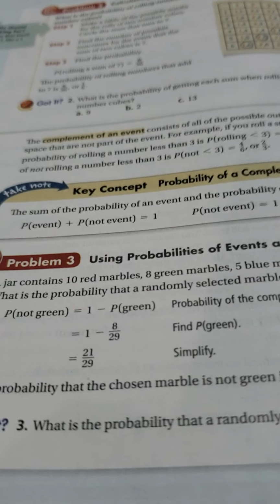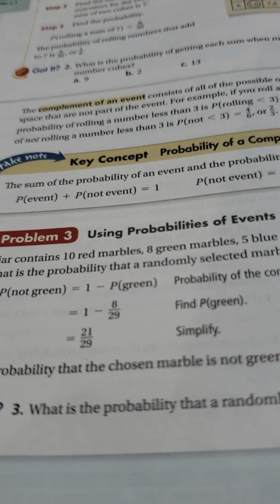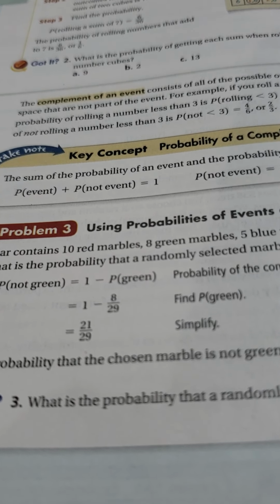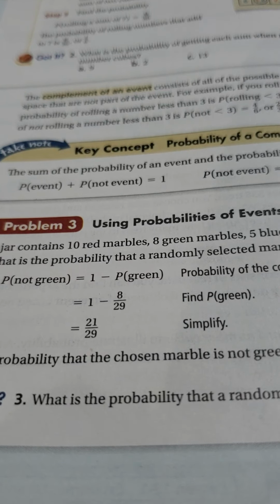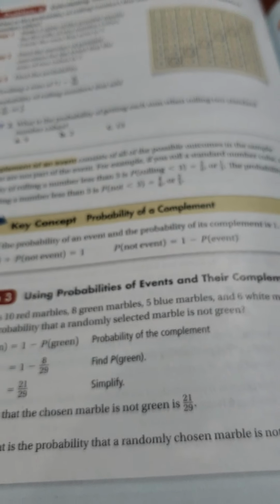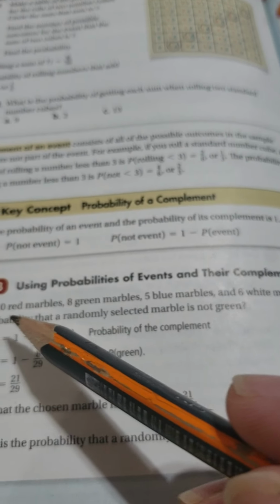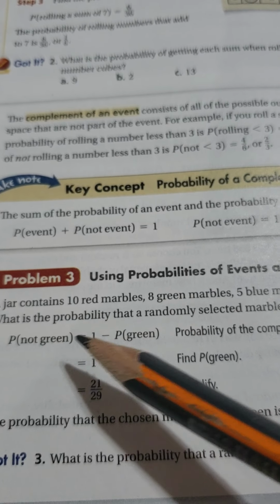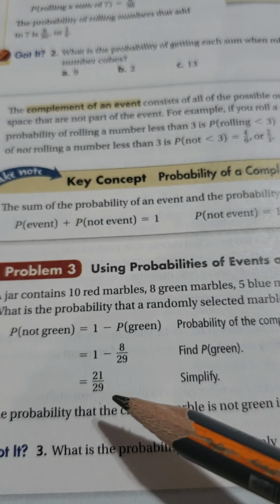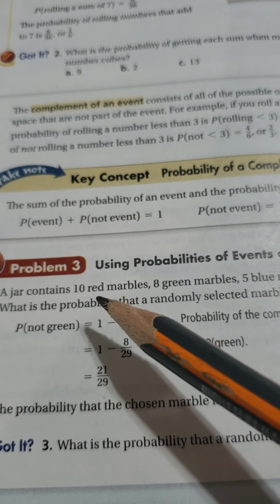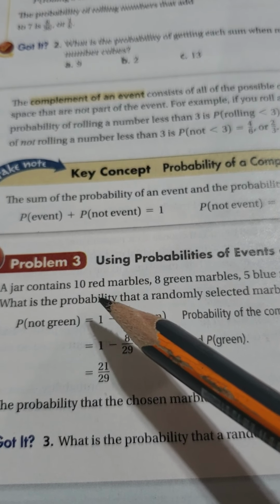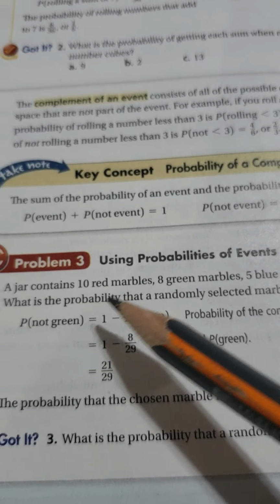Now, the other part is the complement of an event. Remember, the maximum probability is 1. For example, if we are talking about marbles, what is the probability to get a red marble? Imagine that there is a 40% chance to get a red marble. What is the probability of not getting a red marble?